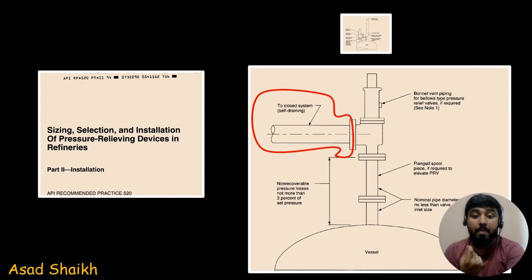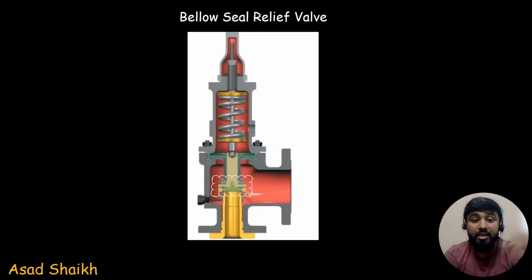Similarly, you can see that when it's going to a closed drain system, how the configuration should be. And on the same thing, you can see it says that for the bonnet, for the venting, there should not be any plugged system. Let us look at this part in depth, at what the standard wants to say. This bellows seal valve, I have myself seen in a lot of site installations that people forget that this plug should not be closed.